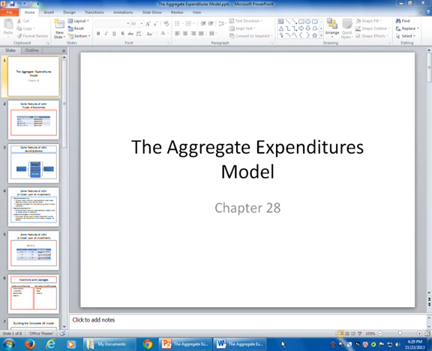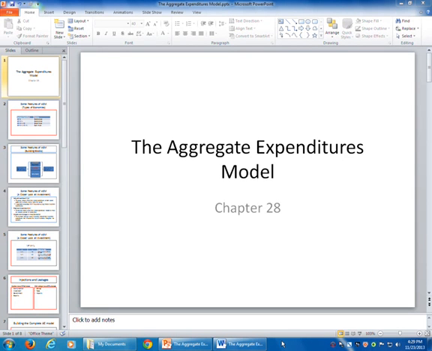All right, so this chapter really is an extension of chapter 27, and once we're done with this chapter, next week, week 5, we will apply policy to the aggregate expenditure model to try and eliminate the economic gaps that we're going to introduce in this chapter.